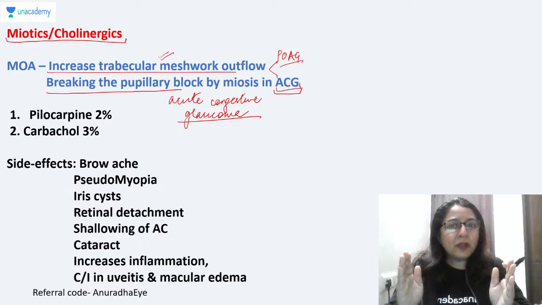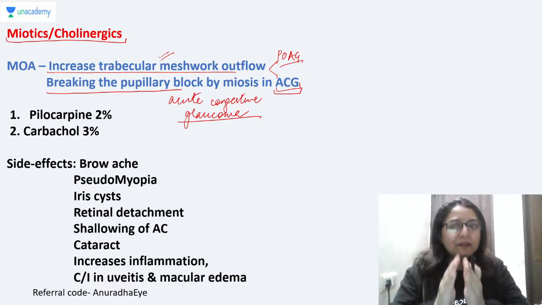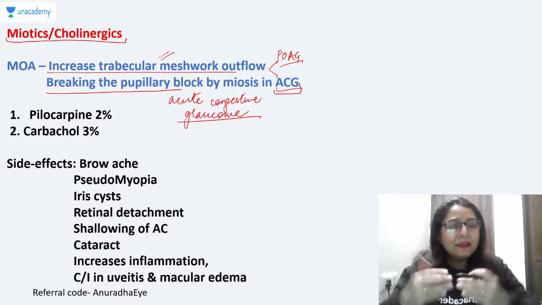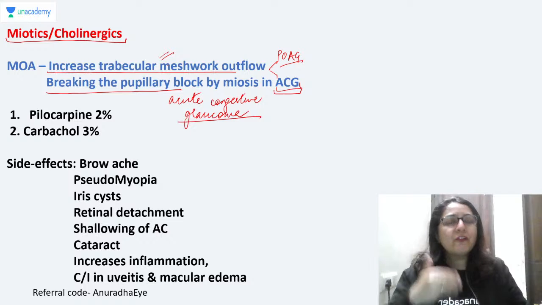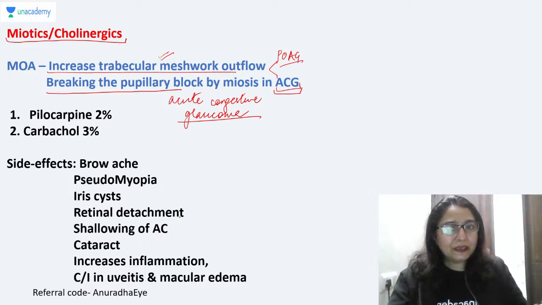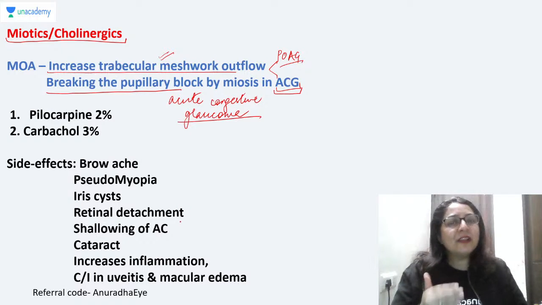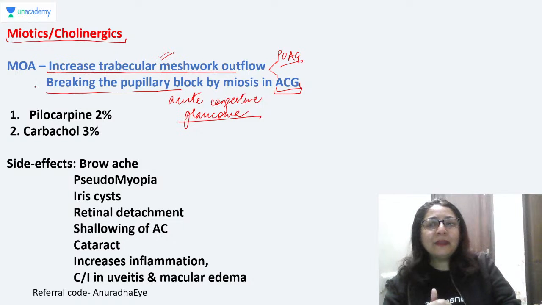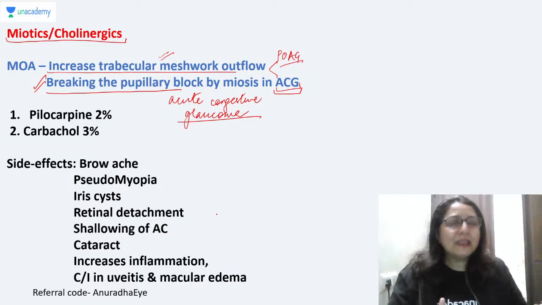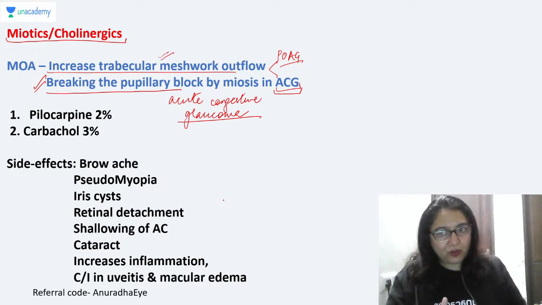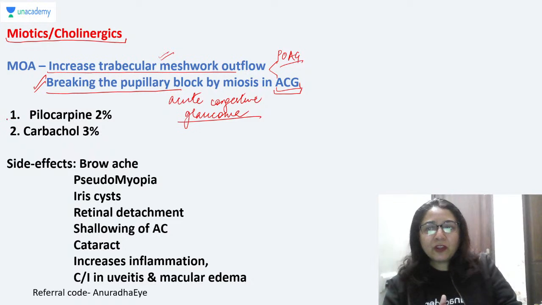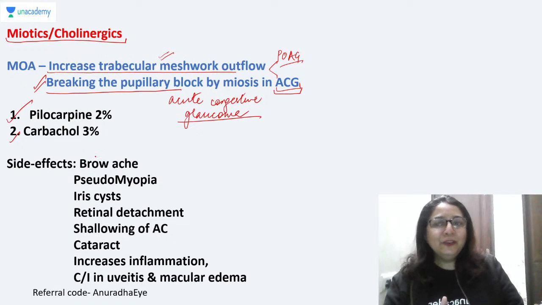You put pilocarpine, the pupil is constricted, the pupillary block is released, the aqueous is able to flow from the posterior chamber to the anterior chamber and pressure comes down. So that is their mechanism of action in breaking an attack in acute congestive glaucoma. The drugs commonly used are pilocarpine and, not so commonly, carbachol.